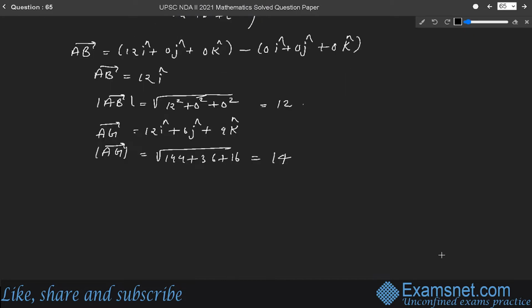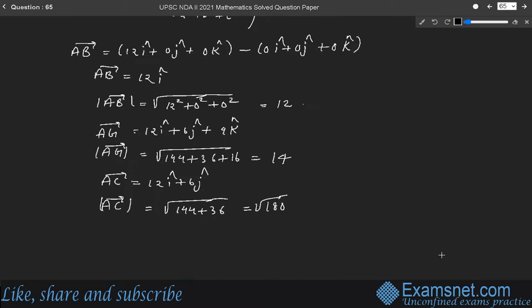Similarly, the position vector for AC is 12i cap plus 6j cap. Therefore, the magnitude of AC is the square root of 144 plus 36, which is root 180.